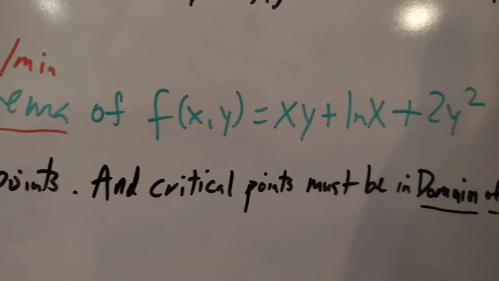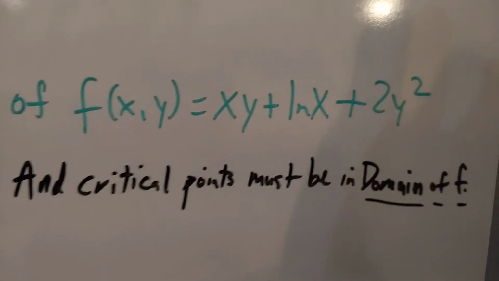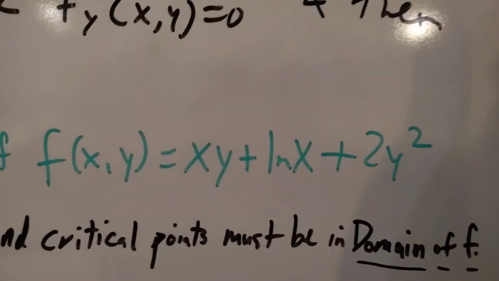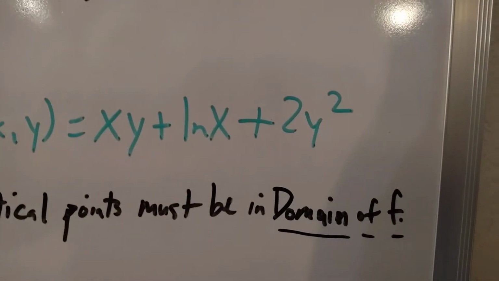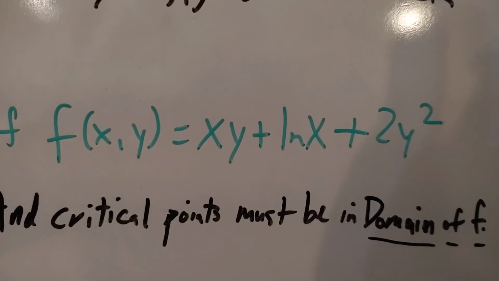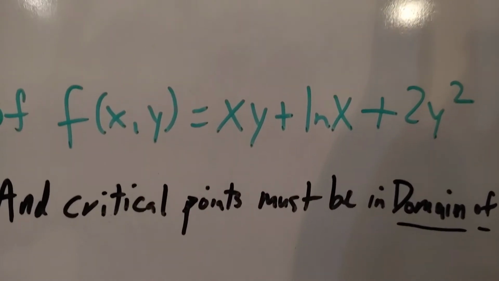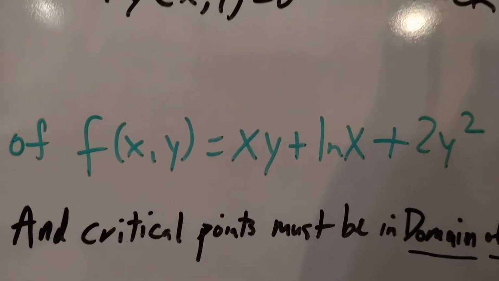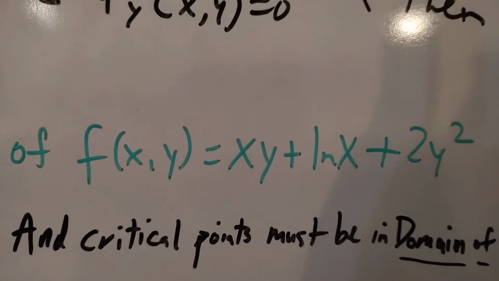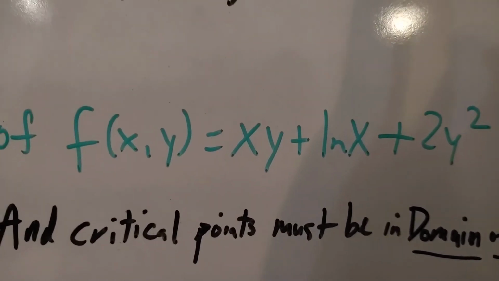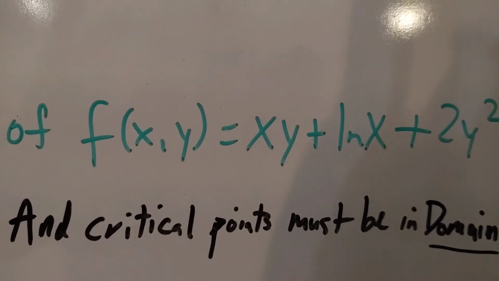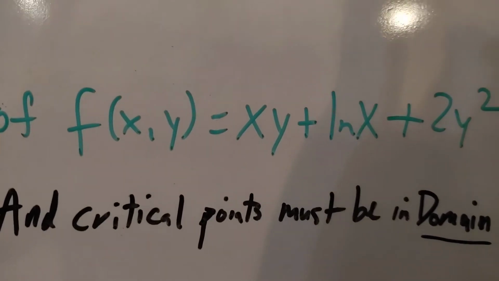And remember, when you find your critical points, they must be in the domain of your function. They have to be in the domain of f. So always make sure when you get your critical points that they are in the domain of f. If they are not in the domain of f, just reject them. They are not critical points. Because to be a relative extrema, you got to be on the graph.